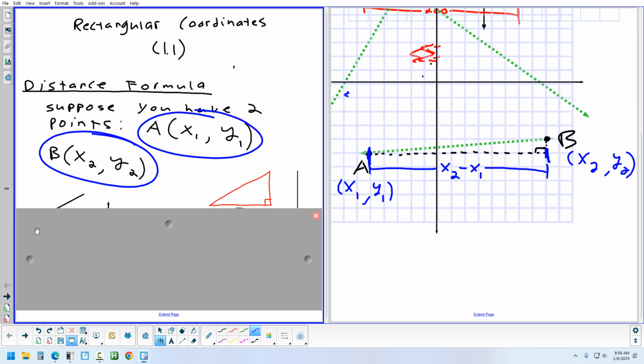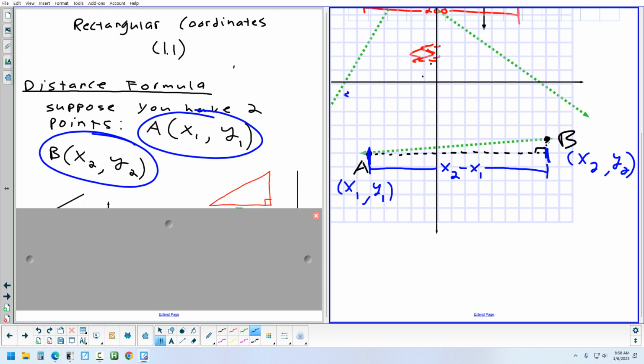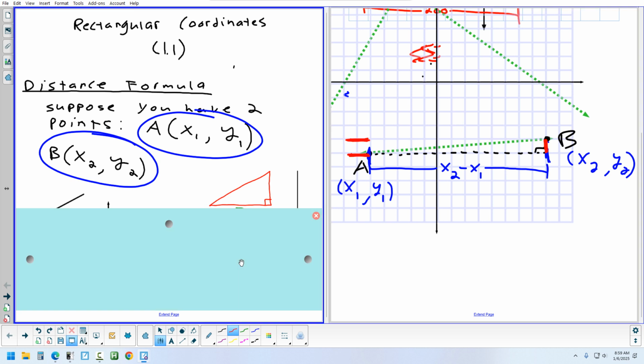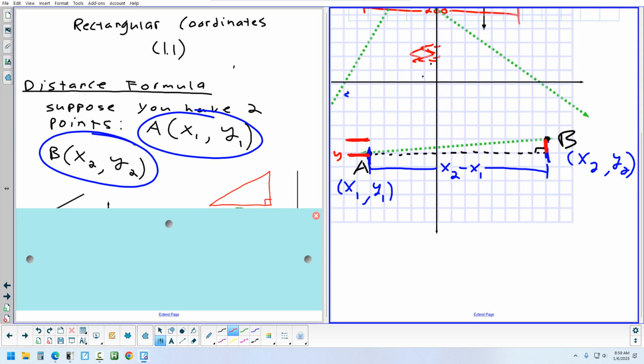Now we're going to do the same thing here. I want to find this. What part of the coordinate would you use to find the height? Y. You'd use the y's. We have a y value here and another y value up there. The bottom one is y1.